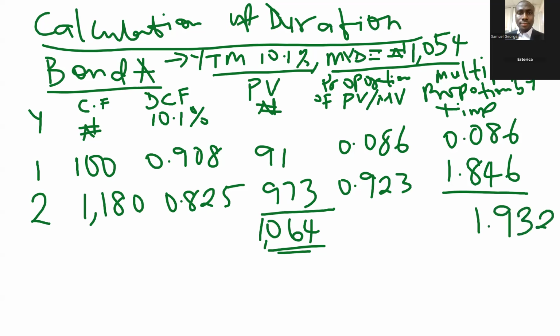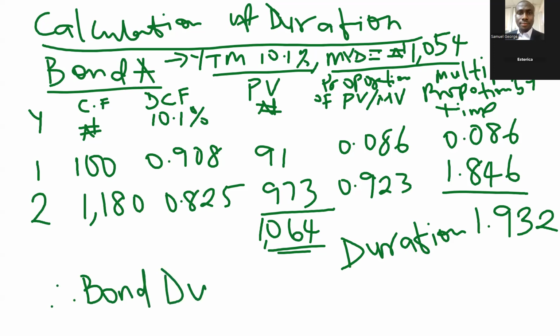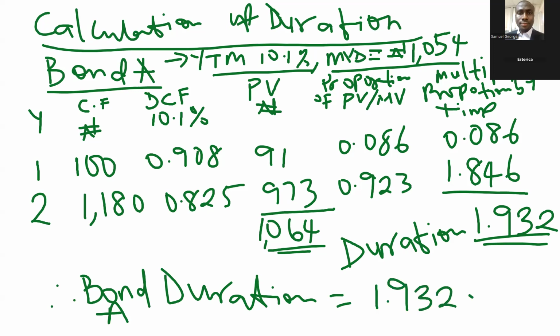So that is the duration. Therefore, bond A duration is equal to 1.932 years. That is the duration for bond A.